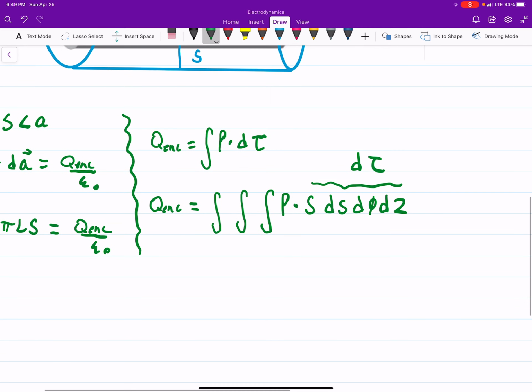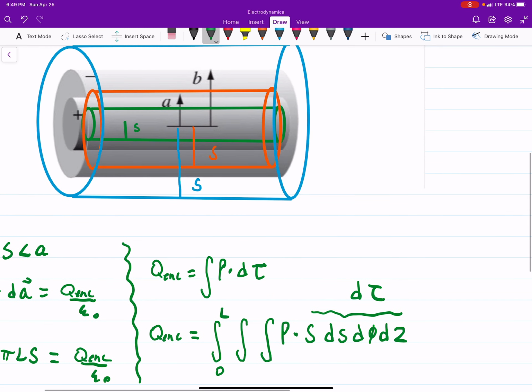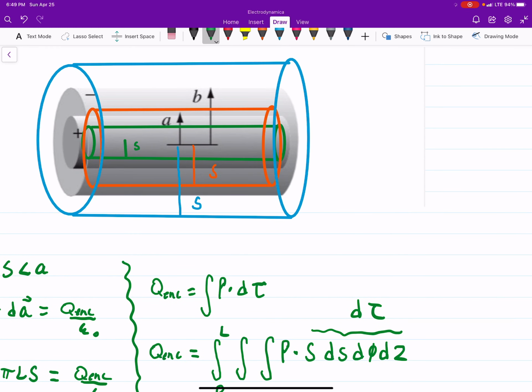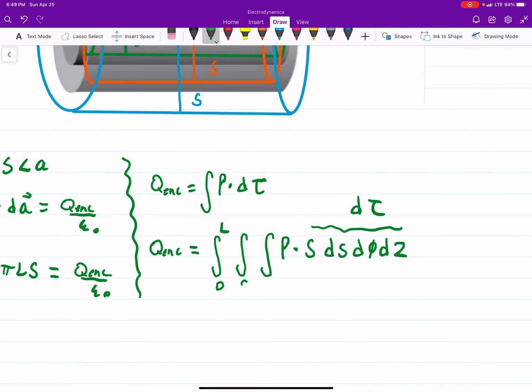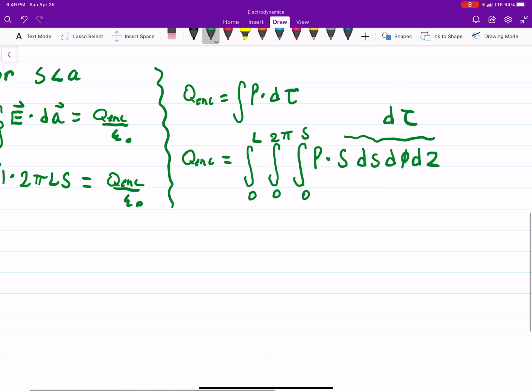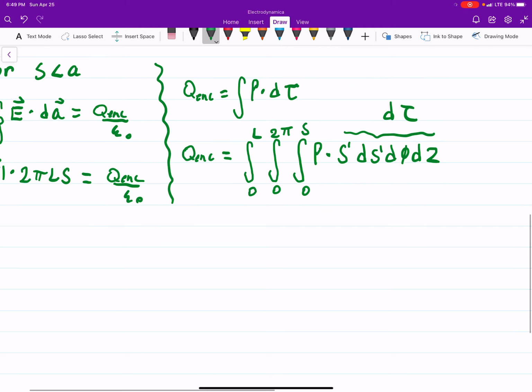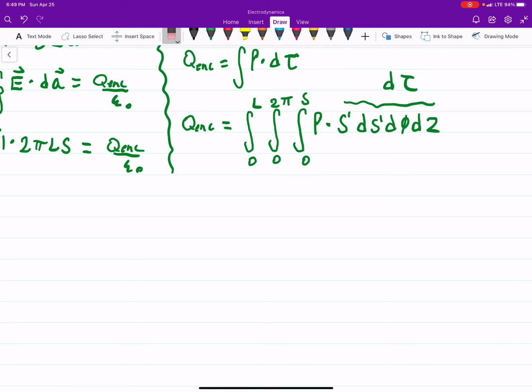So we're going to be integrating for the z component 0 to L. In other words, we're going to go the length that we need to enclose our cylinder. The phi will be 0 to 2π. That'll essentially always be the case. And then we will be integrating from 0 to our Gaussian surface s. Sometimes they use prime notation here, but as long as you understand what's going on, it doesn't really matter.